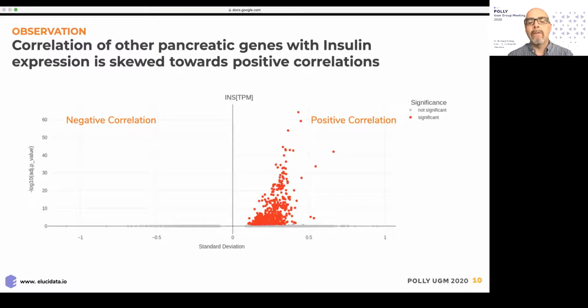So the significance is on the y-axis, and on the x-axis is the variability. And so genes that are highly variable in terms of their expression across all the different individuals are further to the right and all the way towards the left, depending on if it's in the positive direction or in the negative direction. And those with less variability are more towards the center. And here we see that, again, most of the changes across the whole sample of tissue are largely positive.